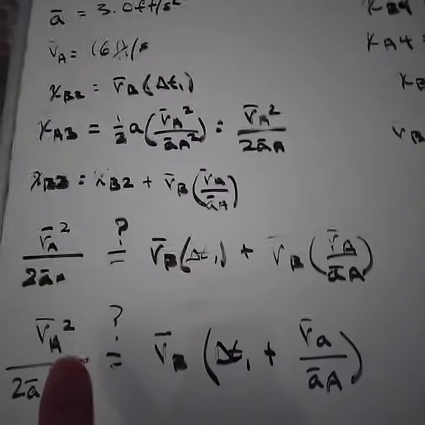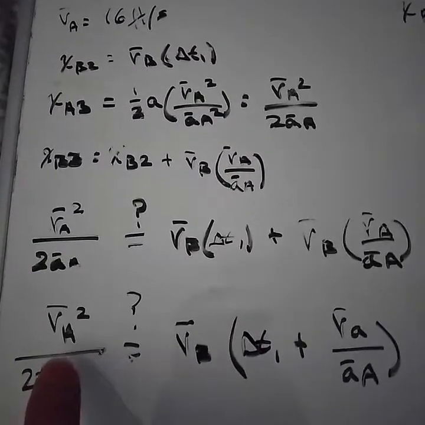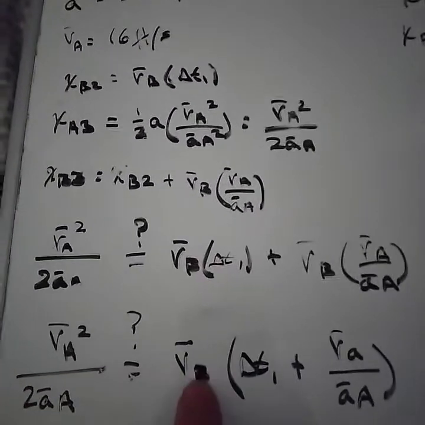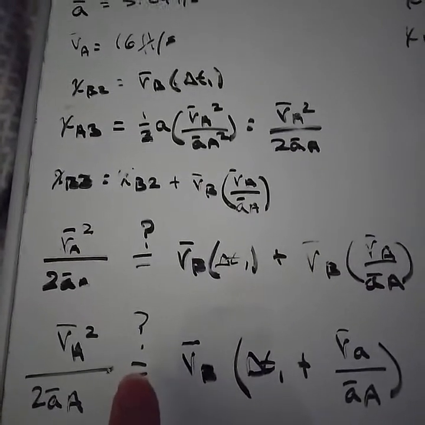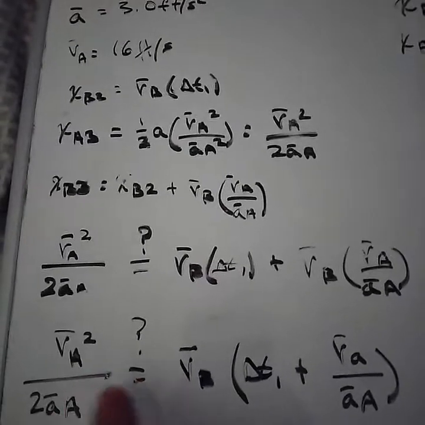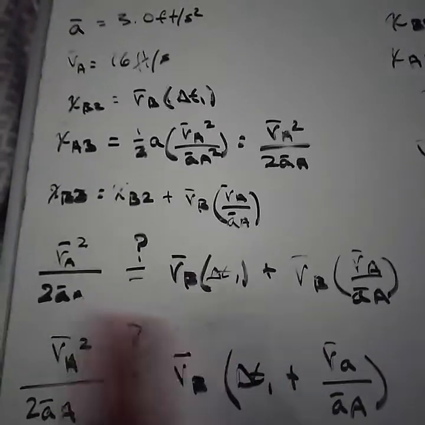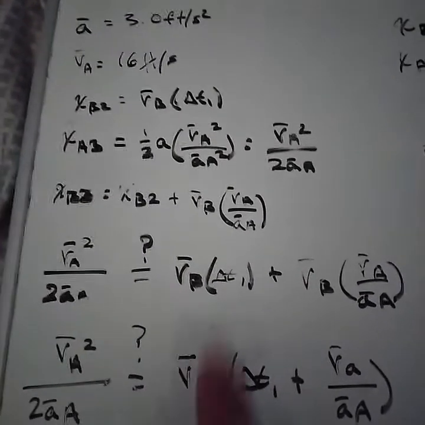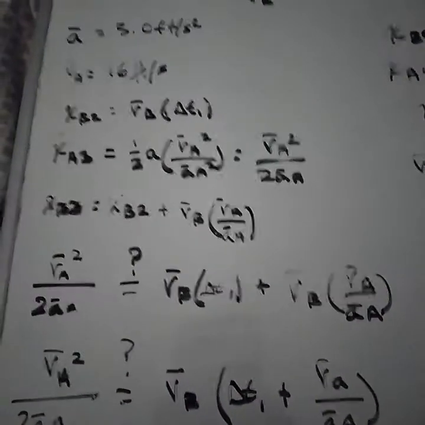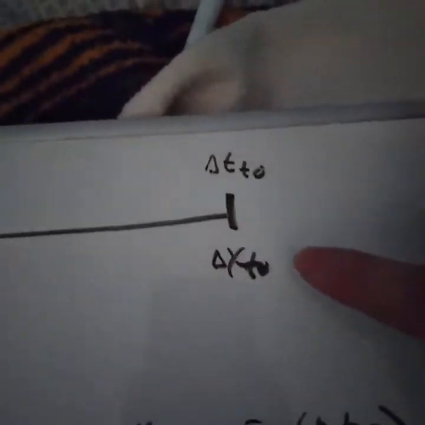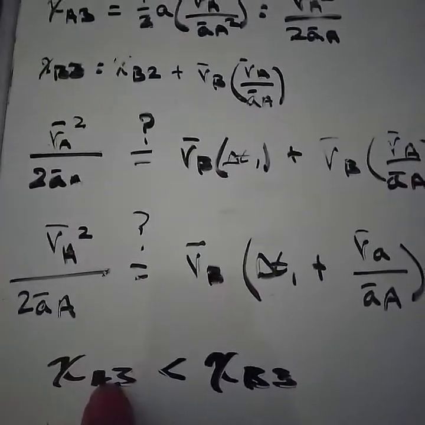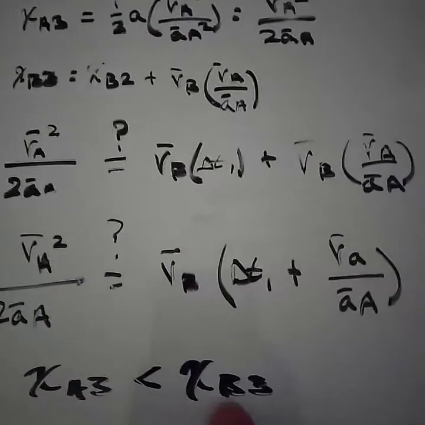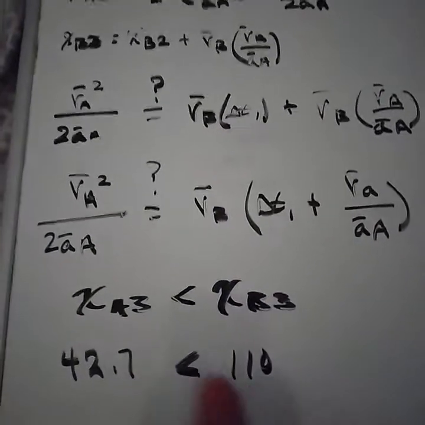So if runner A's position is equal to or greater than runner B's position, then that means he caught him at the end of the duration, or if it's greater than, that means he overtook him, which means we need to go back and find out where exactly, right? Because the question wants to know how much distance has passed when they're at the same position and how much time has passed, right? So plugging in the values, we find out runner A's position is less than runner B's position. This means that you're still behind him.